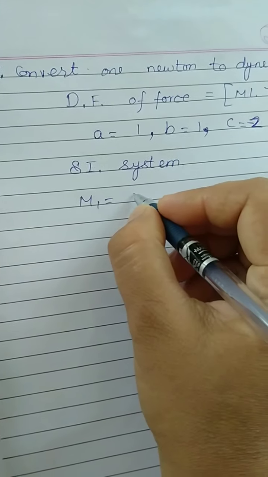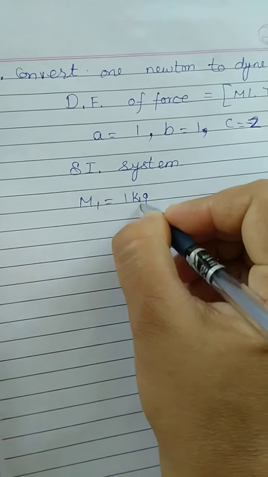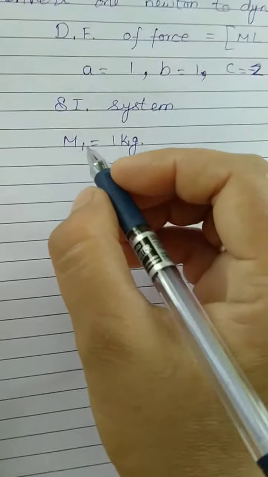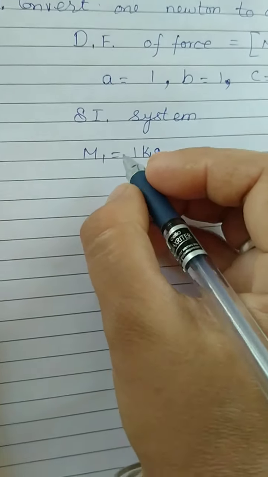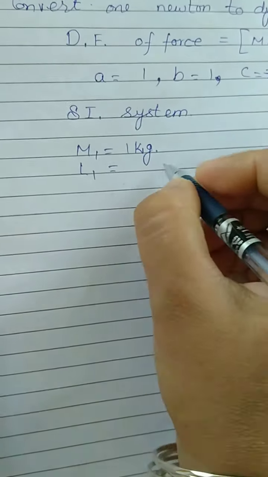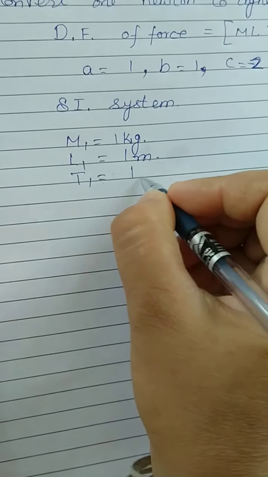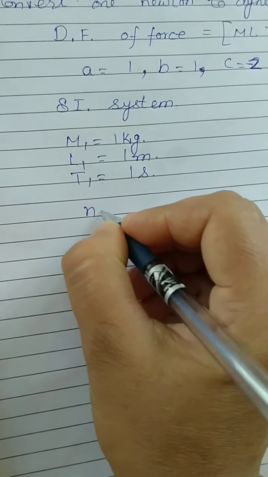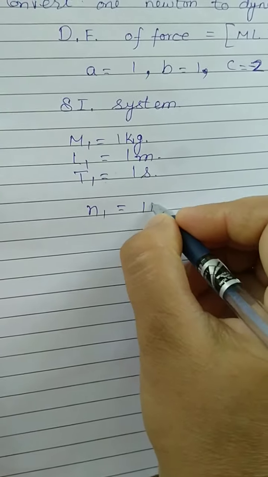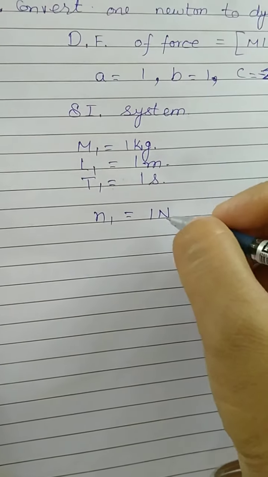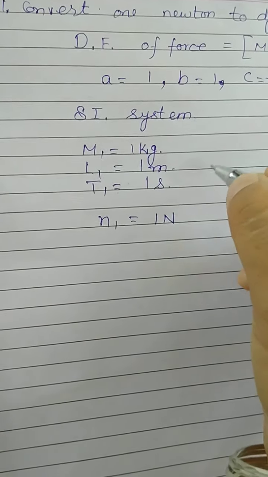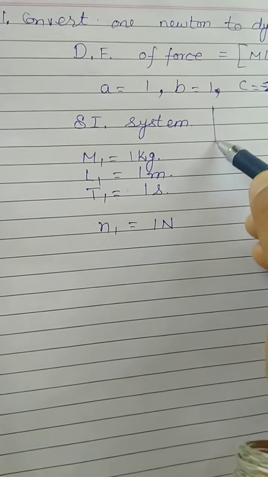Now in the SI system, we take the unit of mass M1 as 1 kg, L1 is equal to 1 meter, T1 is 1 second and N1 is equal to 1 Newton. Clear? N is the numerical value in the SI system of units.